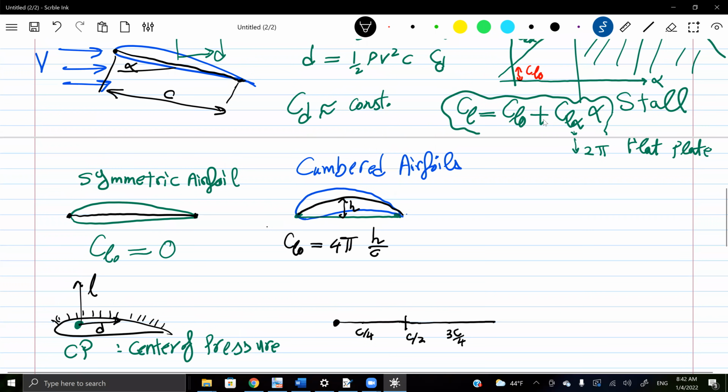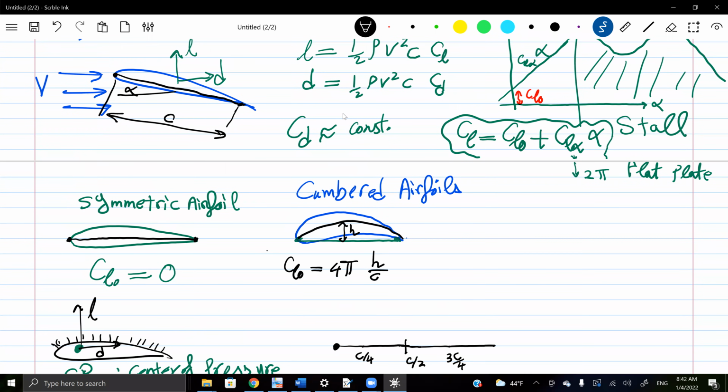And by the way, it's an interesting thing here, because when we write the lift in this expression, it immediately gives you maybe the origin of the lift, or how we get lift from objects physically. It's actually due to curvature. Why? Because here's a flat plate, and here is the flow over a flat plate. It doesn't curve at all, so I don't get any lift. I don't get any force out of this.